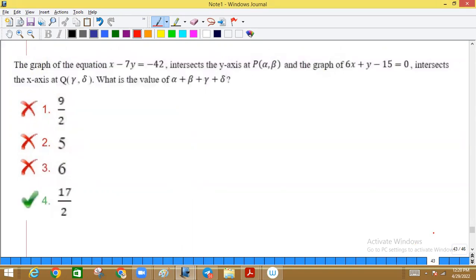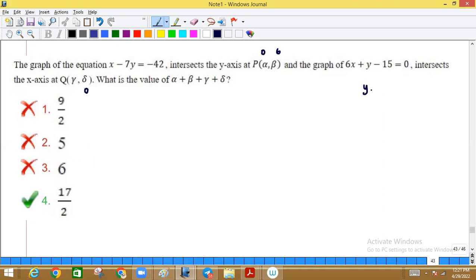The graph of the equation X minus 7y is equal to negative 42 intersects the y-axis. Intersects y-axis means X is 0, on the y-axis what is 0? X is 0. Put X equal to 0, Y is 6. Intersects x-axis means Y is 0. If Y is 0, then what is X? X is 15 by 6.